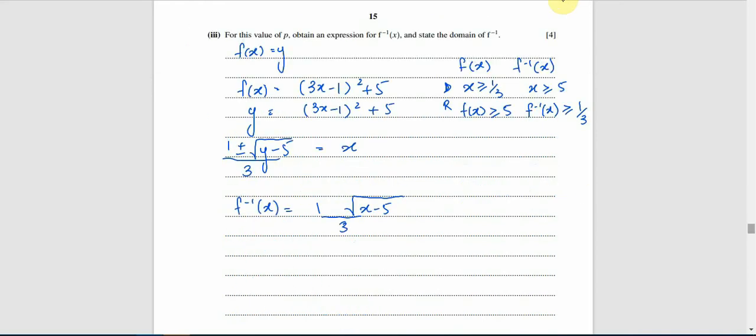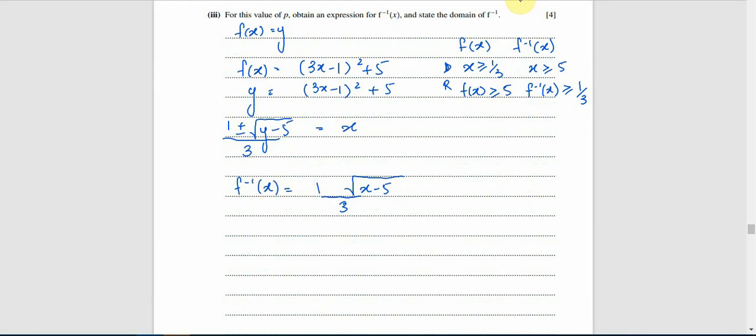Now we know that the domain is x greater than or equal to 5. So if I take any value of x greater than 5, let's say 9, this will become under root 4, which is 2. If I take minus over here, it will become 1 minus 2 upon 3, which will become minus 1 upon 3, and the range does not permit that.